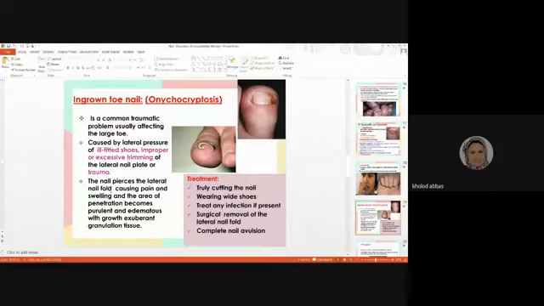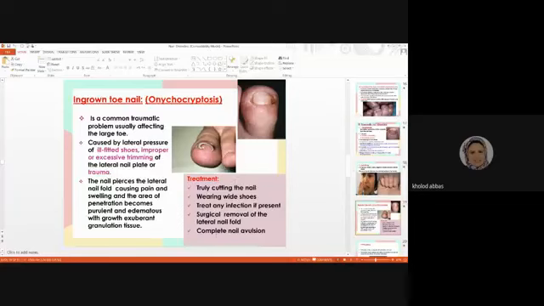Usually the nail pierces the lateral nail fold, causing pain and swelling in that area. As a consequence of penetration of the nail and chronicity, the area becomes purulent, edematous, with growth of exuberant granulation tissue.